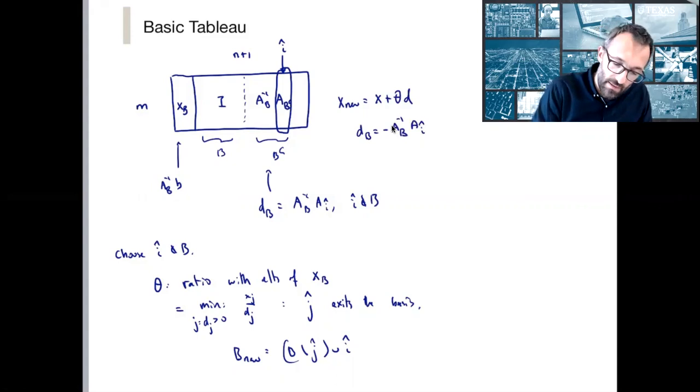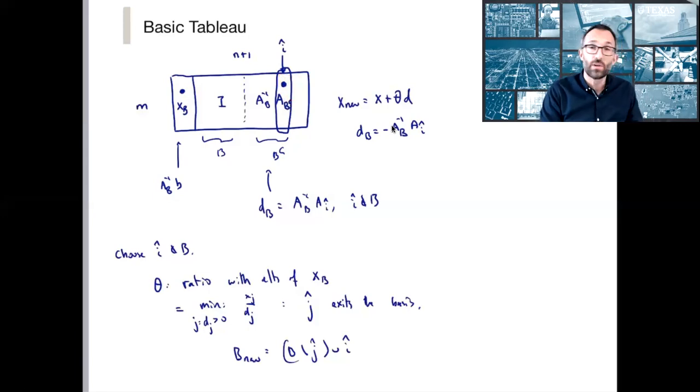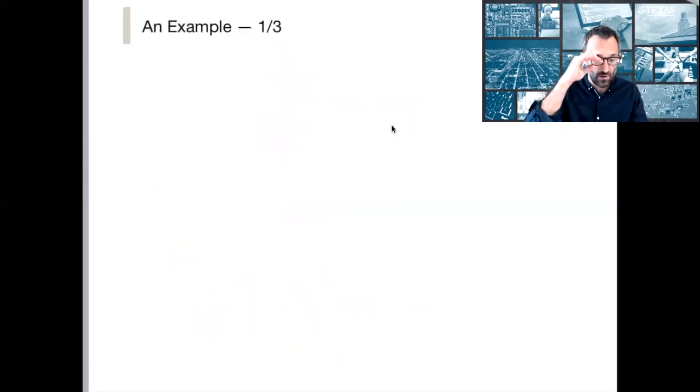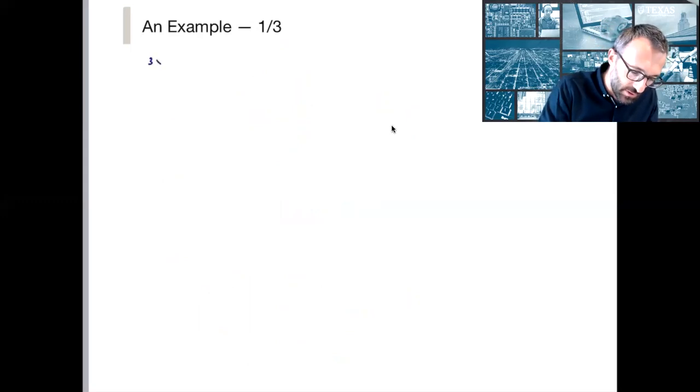So we are looking at positive elements here and comparing them, looking at the ratio to the elements of xB, because when you move 1 unit in the d direction, this element here decreases by theta times this element there. So we're looking at this ratio. So this is how we determine it. It's going to be best to just do a specific example so that you can see how the numbers work. So let's go through this. So my example is 3x1.